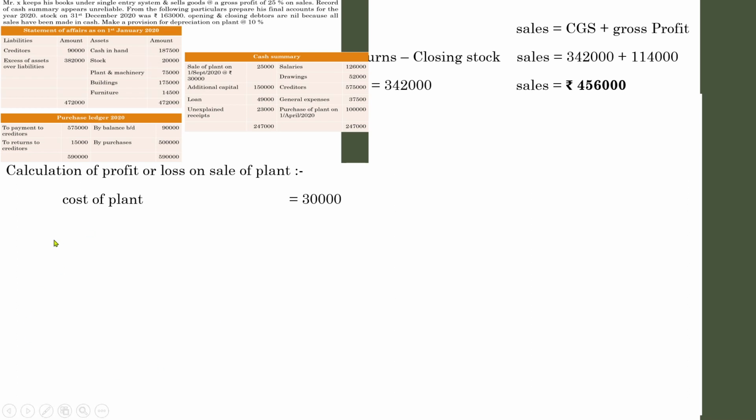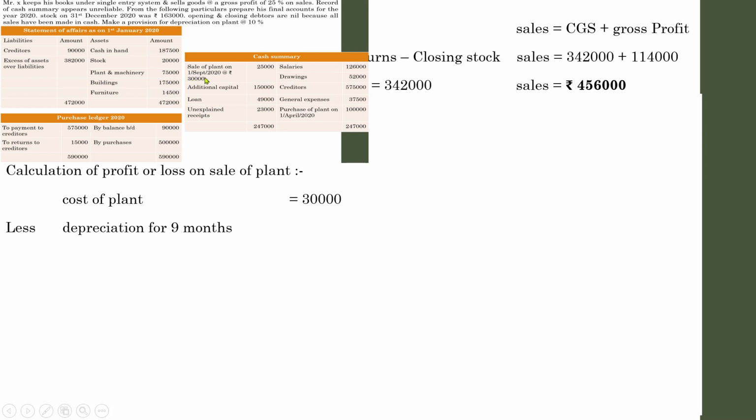So here the cost of the plant is given. How are we going to find the book value? It's very easy. If you deduct depreciation from this amount, you will get the book value. That is the concept. So with regard to providing depreciation, that is the important step that has to be considered in this question. You have to provide depreciation for 9 months. So what is 9 months? See, here it is September.